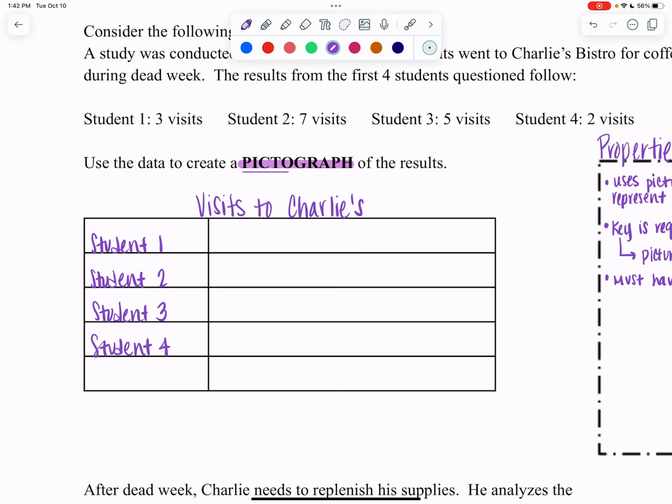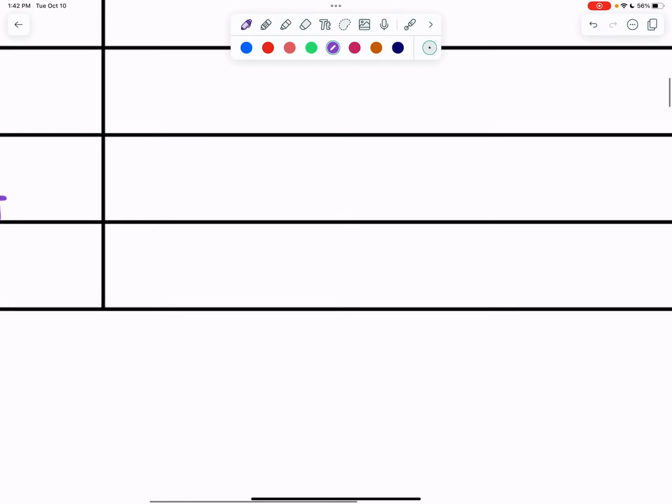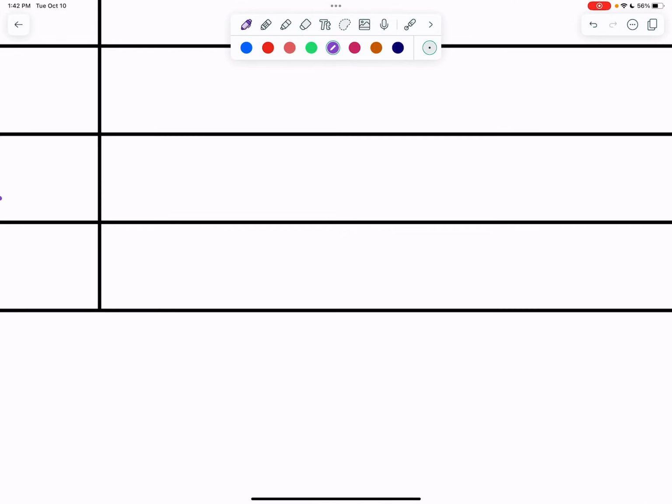Now, the right side of our graph is going to be the number of visits, and we need to decide how we want to represent that. Our numbers are fairly small. Our biggest one is 7 visits. So since they are potentially going to get coffee, maybe we'll just draw a little coffee cup.